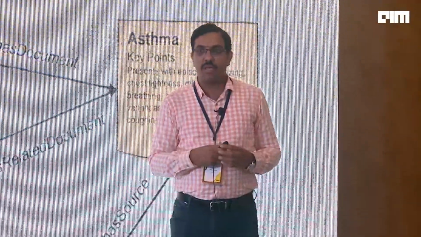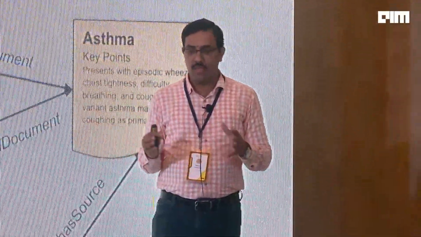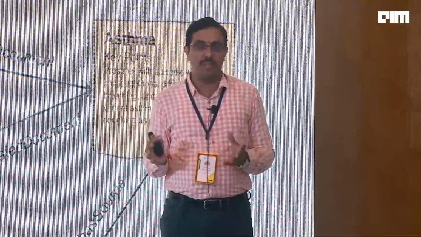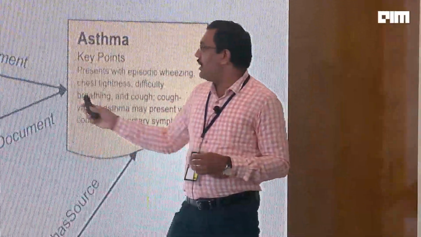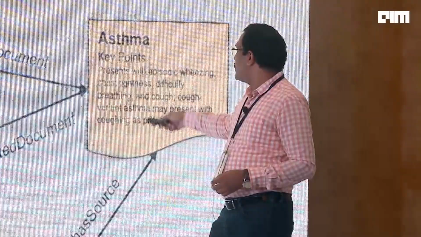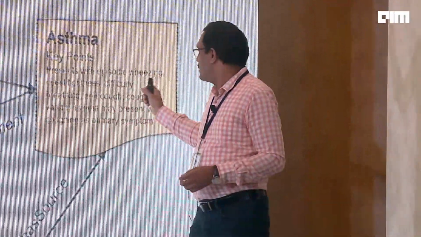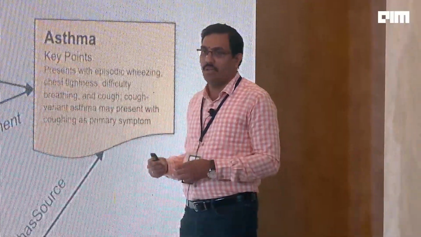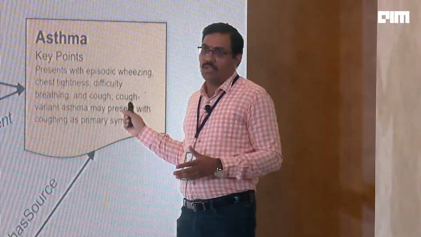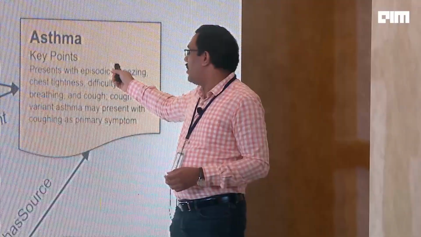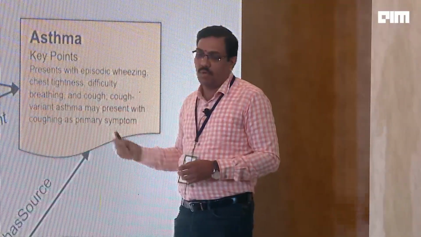This is one graphical view of how the information is captured within the knowledge graph. Here you have a document which talks about asthma. Basically, I've taken a snapshot of a clinical overview, which is a structured document, and you're seeing a part of the document which talks about the key points.